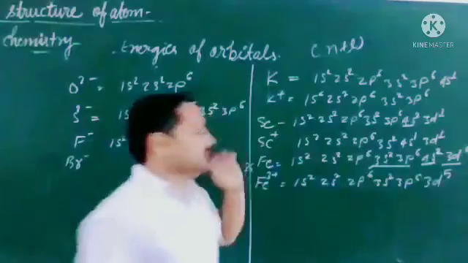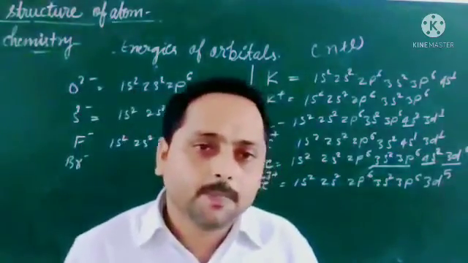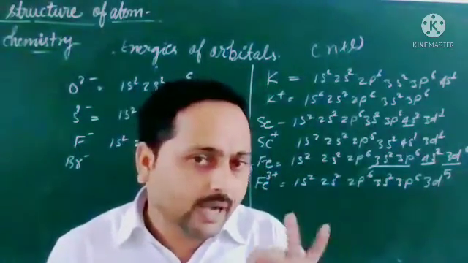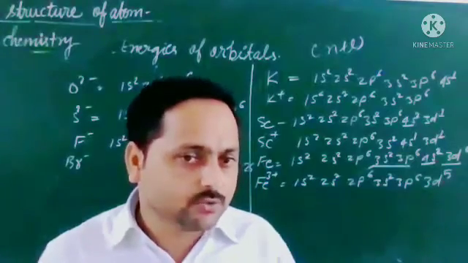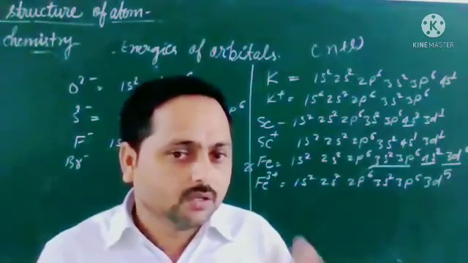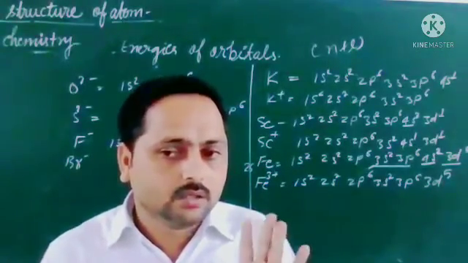This is the electronic configuration of the ferric ion. Got it? Understood?